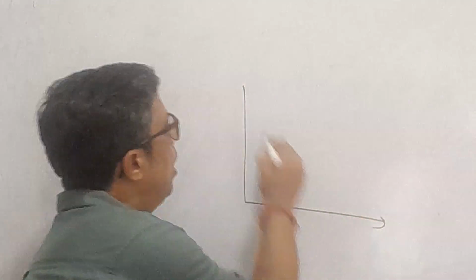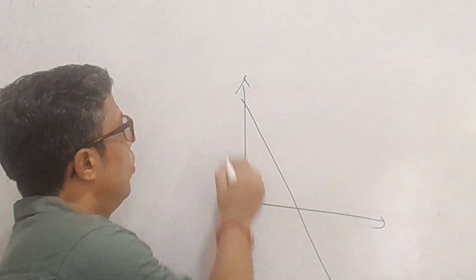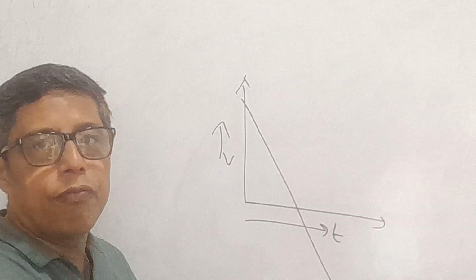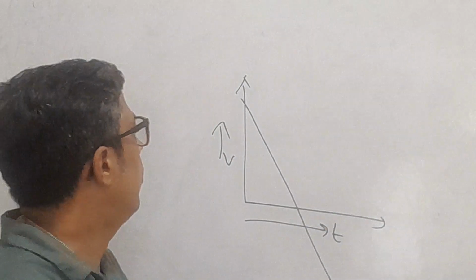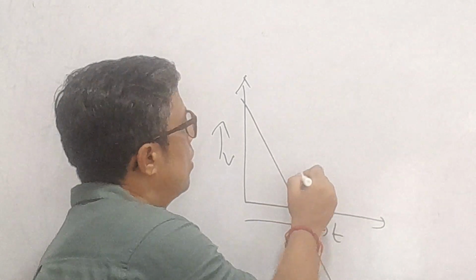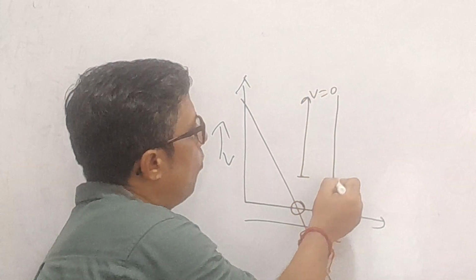There are a few other graphs, like let's say the velocity-time graph. This could be like this also. So this is V and this is T. When it is happening for free fall, like if you are throwing a ball, the initial velocity is high, then the velocity will be 0. Let's say you are throwing a ball like this from here, the final velocity at the top is 0, and again it will come back.